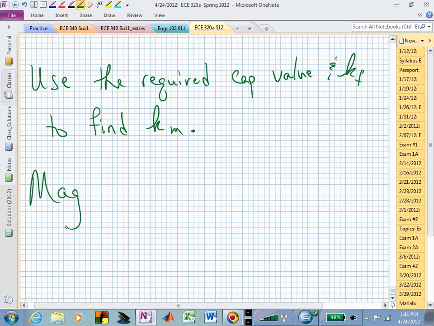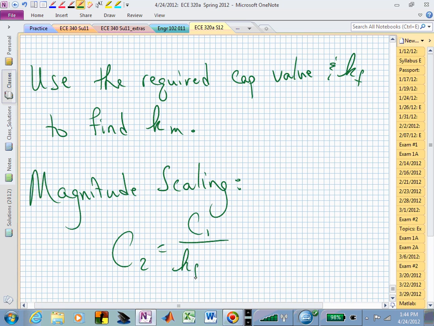Now we're going to use this magnitude scaling to make things right. We knew that C sub 2 was C1 over KF KM.